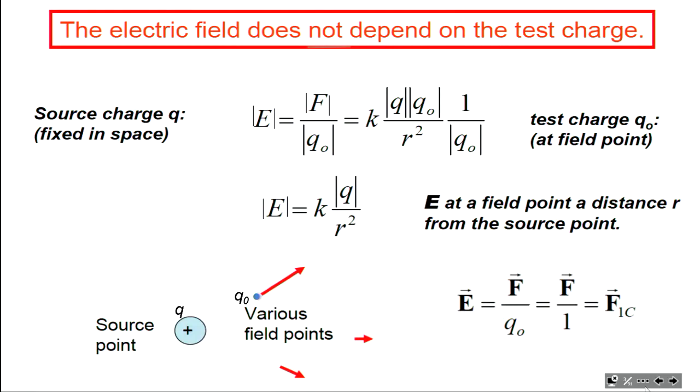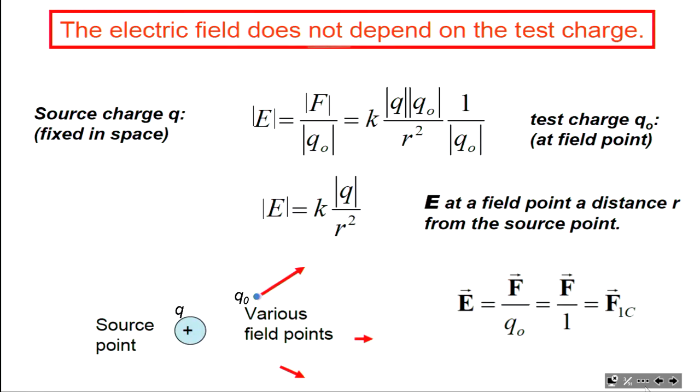So we have to keep in mind the difference between a charge which generates electric field, we call it a source, and the charge which measures the presence, the strength of the electric field, we call it the test charge. A definition of electric field is based on the force acting on a test charge.